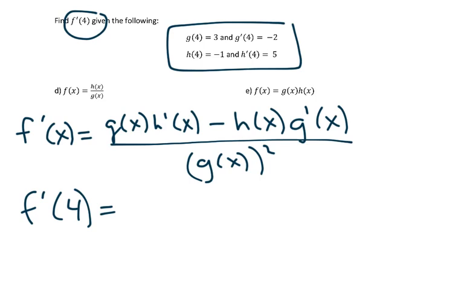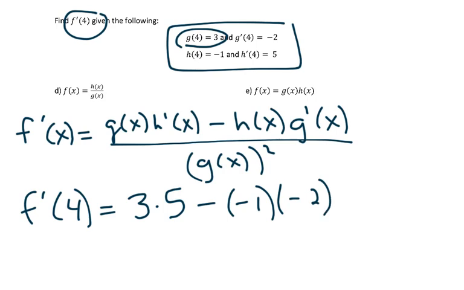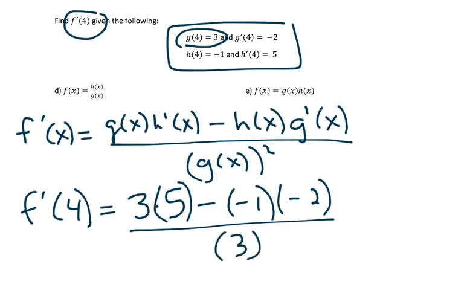I'm looking for g of 4, which is 3, so it's going to be 3 times h prime of 4, which is 5, minus h of 4, which is negative 1, multiplied by g prime of 4, which is negative 2. I guess I should use parentheses for all these. And then we're going to find g of 4, which is 3, and square that whole thing.